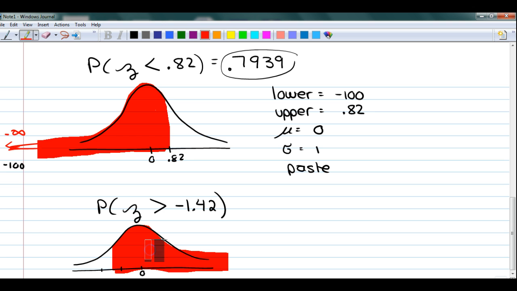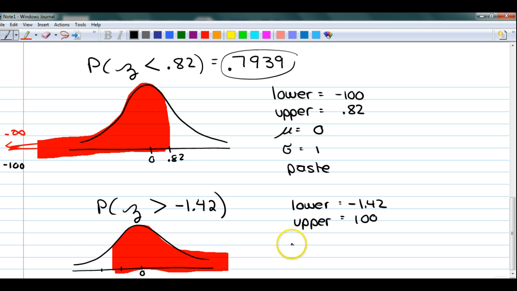Now, while binomial wouldn't allow me to do that in the calculator, normal does, because it wants a lower and an upper bound. So now my lower bound, the lowest value that I'm interested in the shading diagram, is negative 1.42. The upper bound, oh, now I want to go to positive infinity. I guess I'll try positive 100.